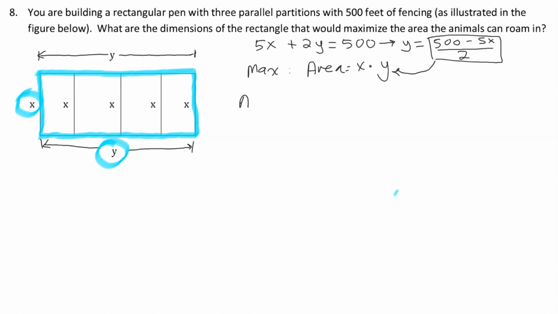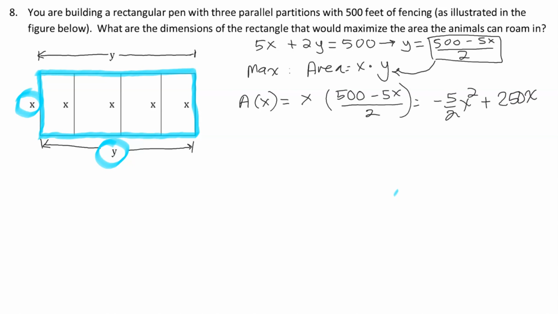So then we have the function area in terms of x is x multiplied by 500 minus 5x divided by 2, which when we multiply out, would be negative 5 over 2 x squared plus 500 divided by 2 is 250, 250x. Okay, so we can already see that this is an upside down parabola, so it's going to have a maximum. The question is, where is the maximum?